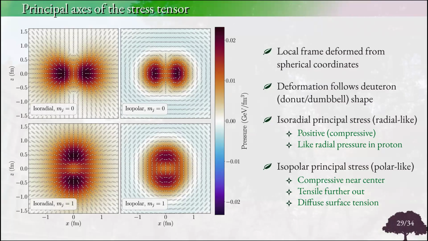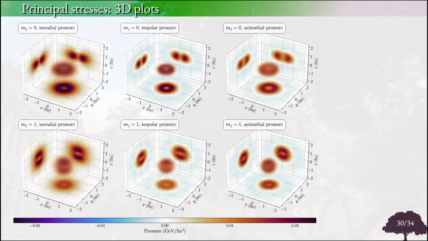That's very similar to what you see in the proton, just like in the proton, a very diffuse surface tension. Very diffuse because the proton and the deuteron don't have a sharply defined surface like a drop of water does. And without the arrows here, because I don't know how to do the arrows in a clean way on a 3D plot, just magnitudes.